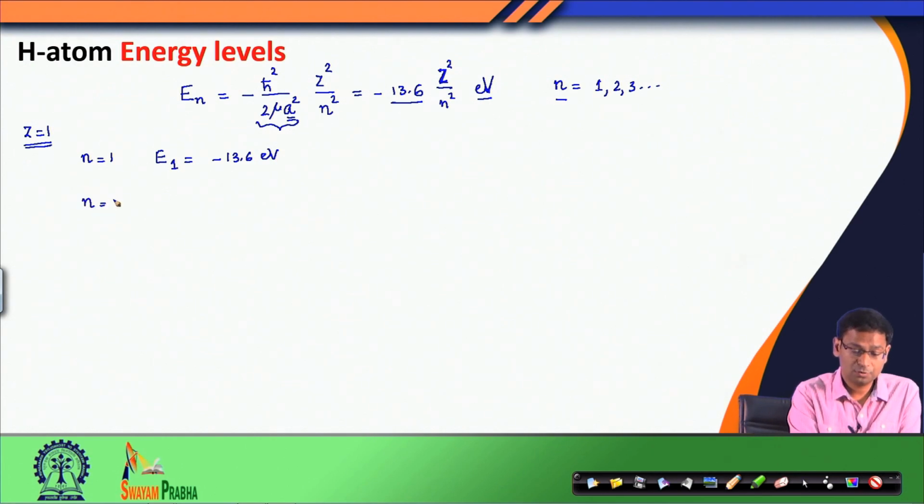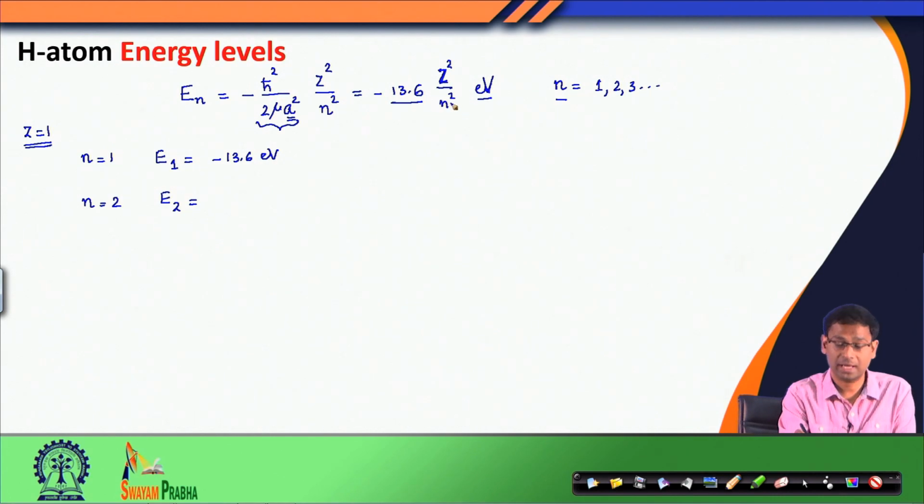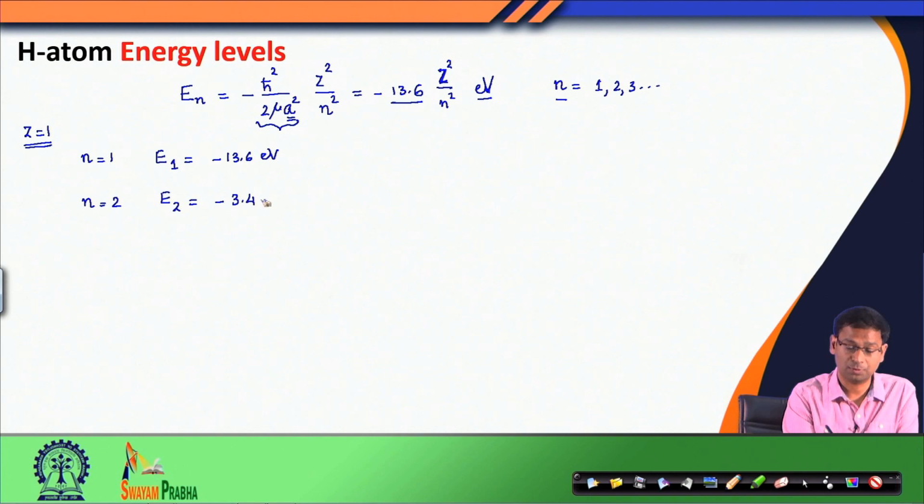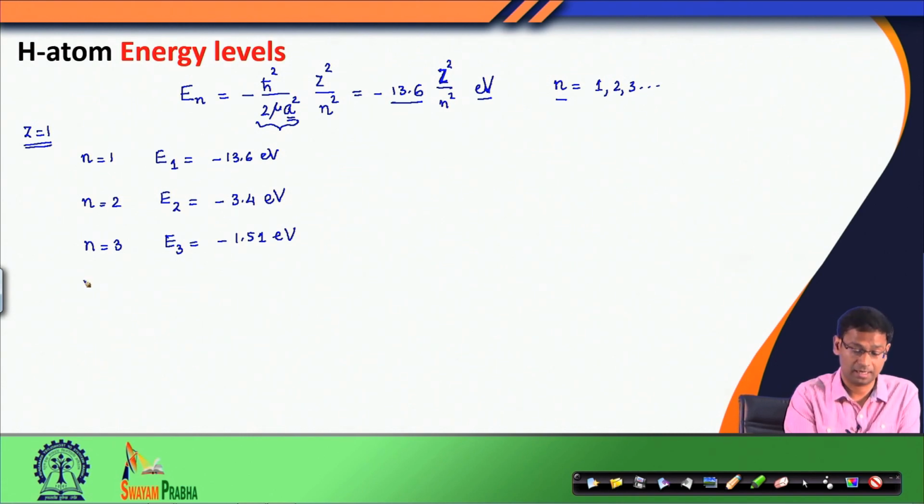Similarly, if I use n equals 2, the second energy level I would get as minus 13.6 divided by 4, because n is 2, so n square is 4, and this would turn out to be something around minus 3.4 electron volt. And similarly, when you do n equals 3, E 3 would turn out to be about 1.51 electron volt. Please note that all these numbers are negative, because we have this negative sign over here.